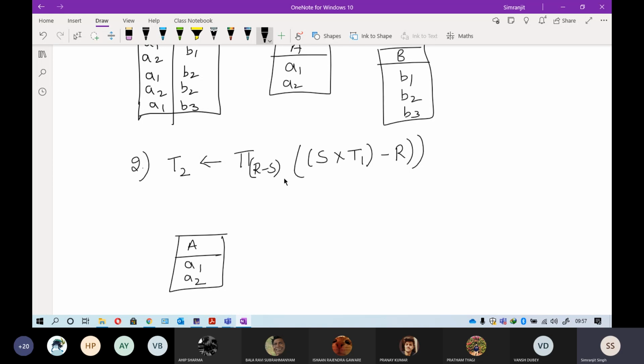So I'm just revising this relation as pi of B, because R minus S is B, we already know, and I'm writing everything similarly. Now what is S? S is this one. What is T1? T1 is B1, B2, B3.